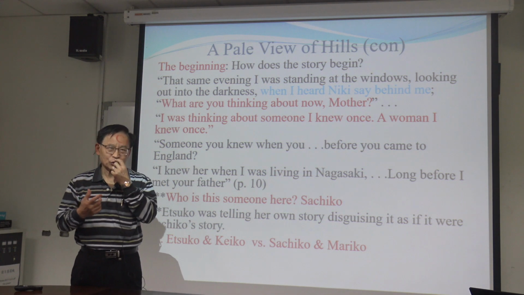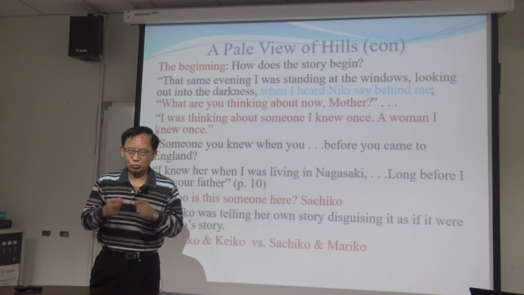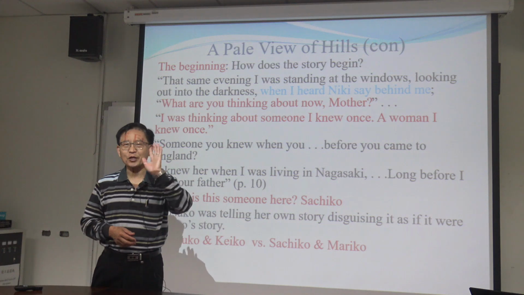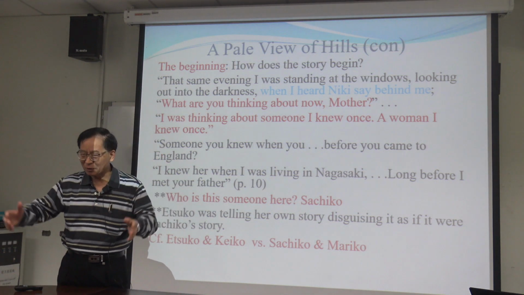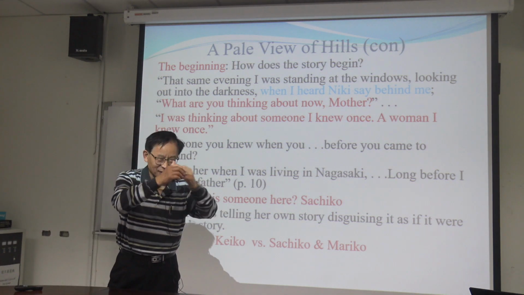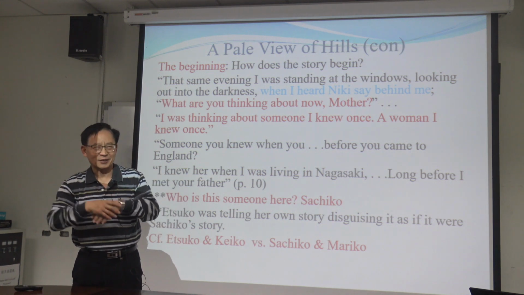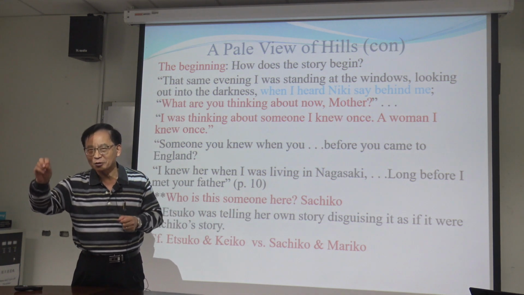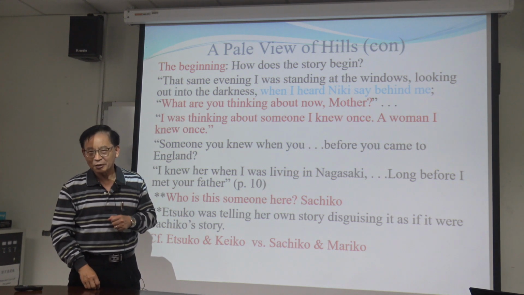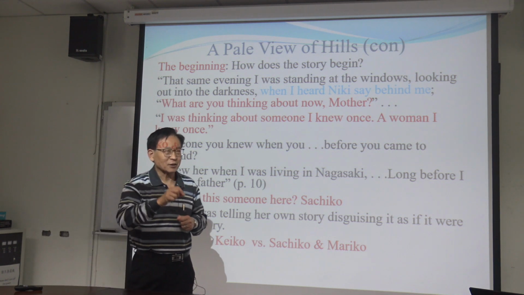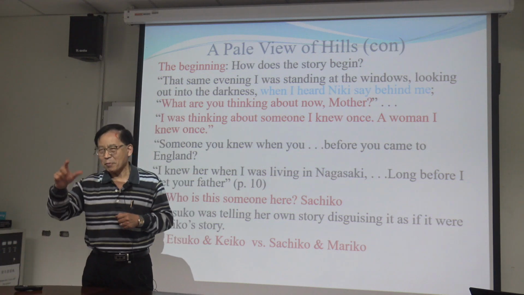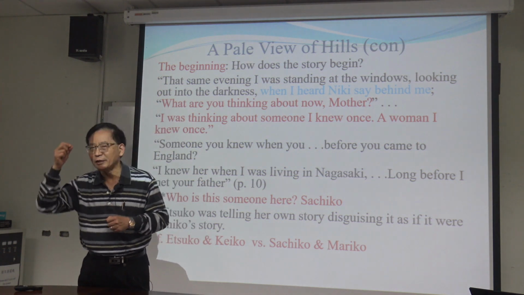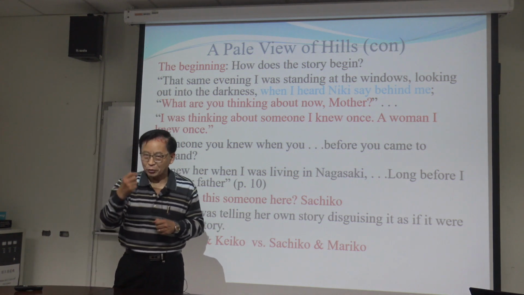We know truth is not absolute. Truth is relative. If we have 5 different people telling about the same accident or the same event, we might expect to have 5 different stories, because the same event is told by different storytellers, by different narrators, from different perspectives.